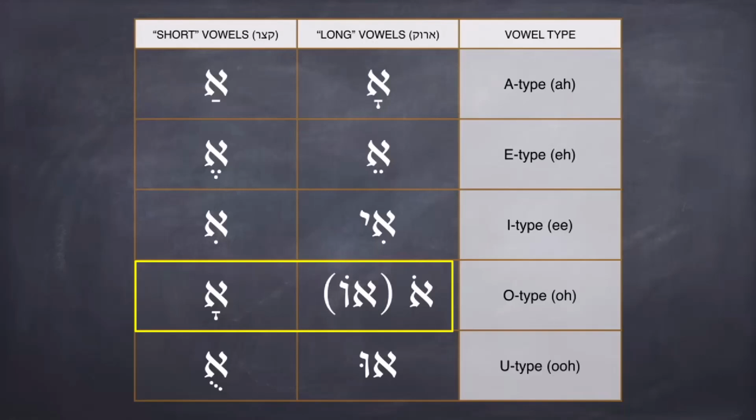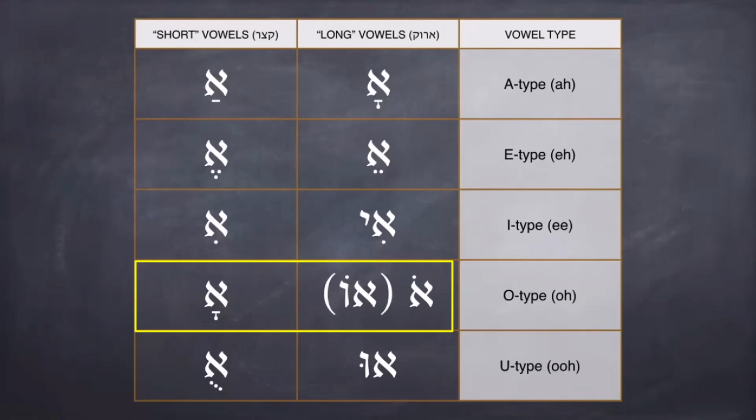You have the holem, and you have the holem wow. And both of these are making O sound. And on the short vowels, remember you have that confusing vowel, the kametz hatuf. It looks like a kametz, but it's actually a kametz hatuf. It's having the O sound. Kametz has A sound, kametz hatuf has O sound.